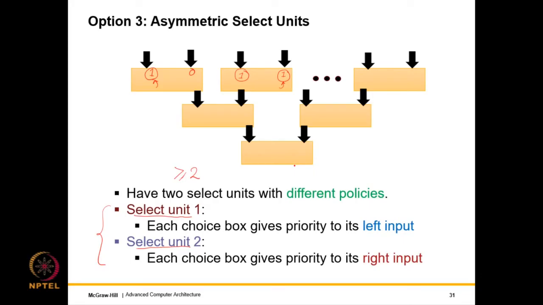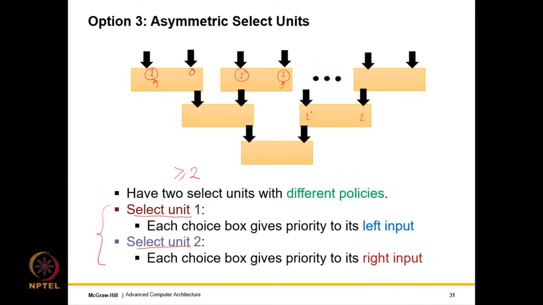This is easy to prove, it's not hard at all. Let's consider the case when only 2 request lines are 1. Of course they will be at different places. Ultimately they will collide in some choice box.